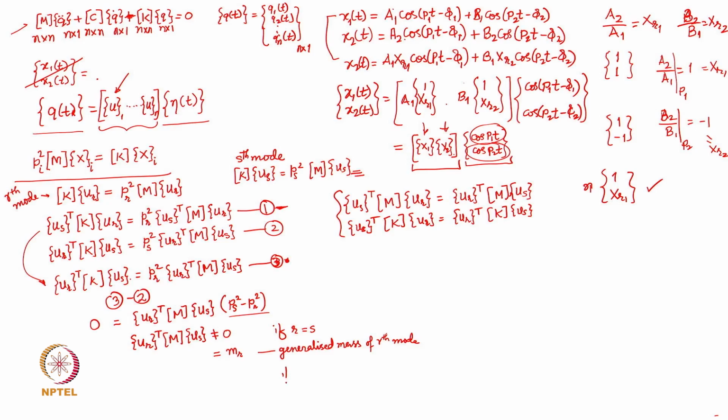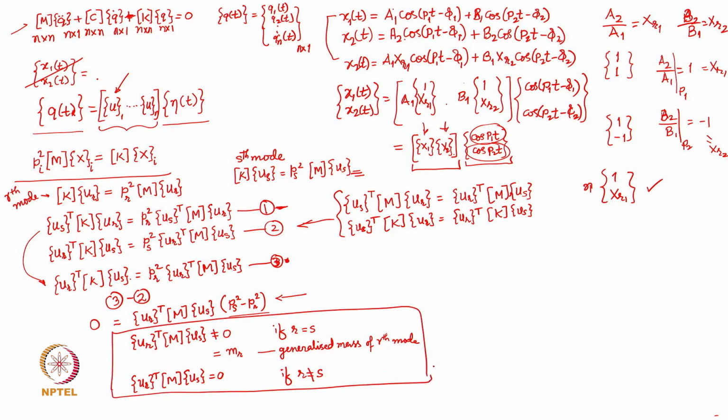Okay. If R is not equal to S, then for this equation to be true, what would it mean? UR transpose M US has to be equal to 0. Using the same in these equations, you can easily show this.